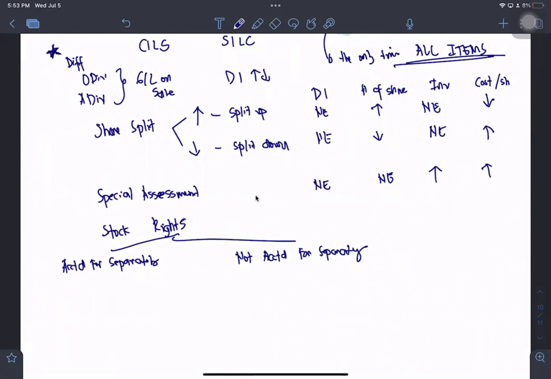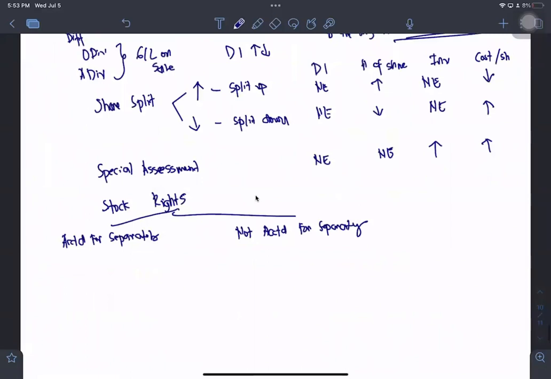If it is accounted for separately, it means that you need to separate the value of the stock rights from the investment. While in your not accounted for separately, it is considered embedded on the investment.